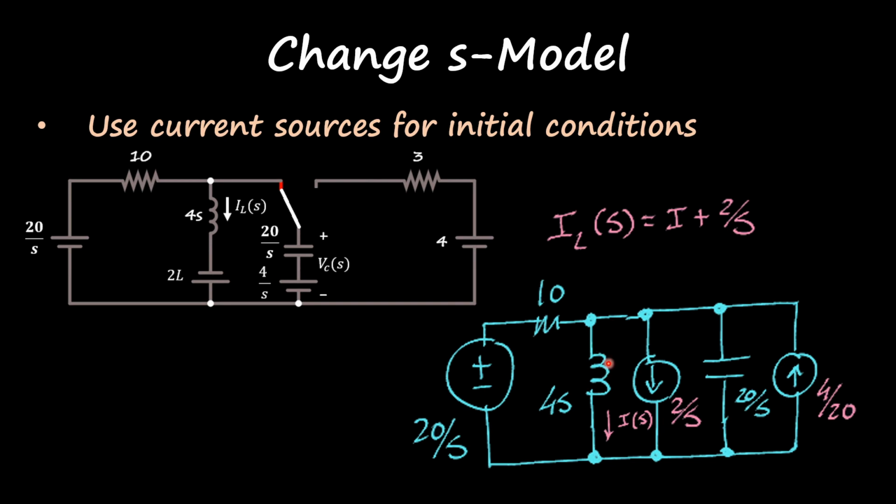It's the current that flows through the inductor that I'm calling I, plus that current source. So I cannot forget this. This is a common mistake. We just call this IL, and then we forget to do this small addition at the end. All right, so having that in mind, and I'll get back to this later. Now, what I care about is that if I find I of S, I can plug it here and get my IL of S.